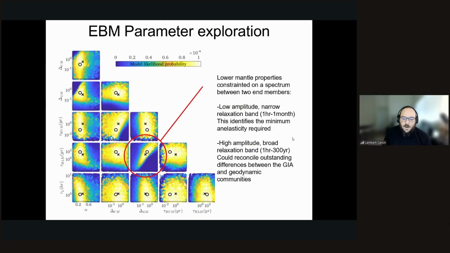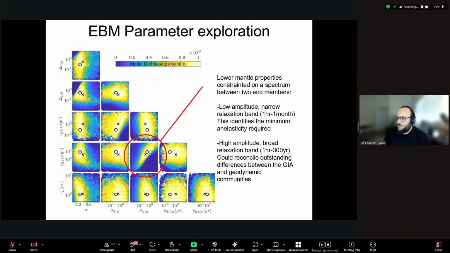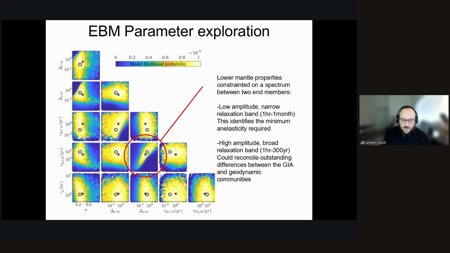When we look at the parameter space, we see that most of the constraints are provided on the lower mantle properties, which is expected because this body tide data is degree 2. And what we see is that essentially all the solutions extend on a spectrum with a very well-defined correlation between delta LM here, the transient relaxation amplitude, and tau h, which is the maximum relaxation time for the transient relaxation.